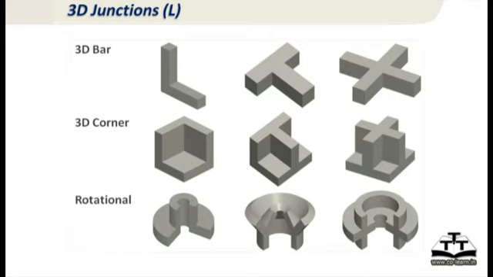Similarly T, the middle one is actually a combination of L and T. Some cross sections look like a T, some cross sections look like an L, right? And then the last one is also a plus junction, if you can recognize that, the last right corner.